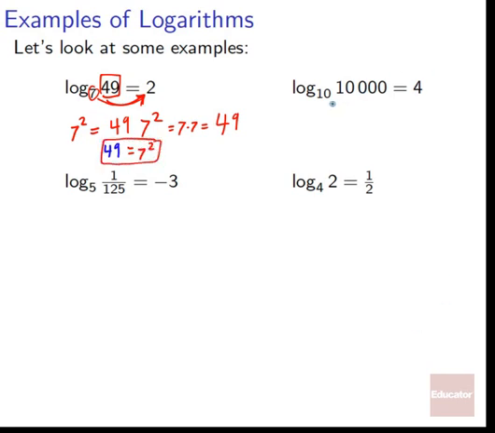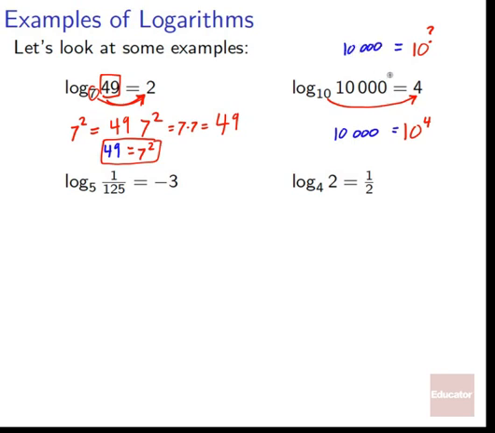Same thing over here. We know log base 10 of 10,000 equals 4 because if we move our base under, we know that 10 to the 4th is equal to 10,000. The question being, what number do we have to raise 10 to get 10,000?